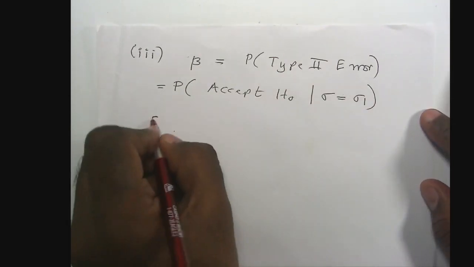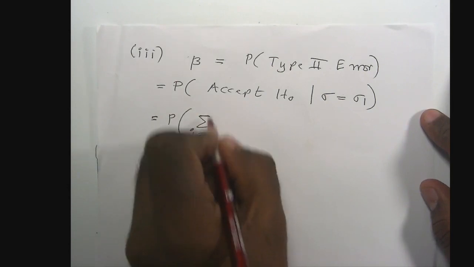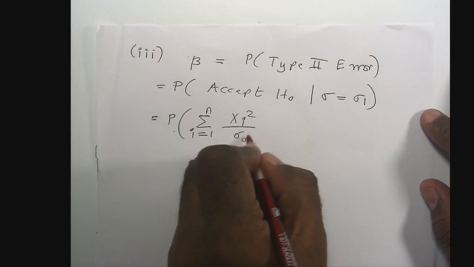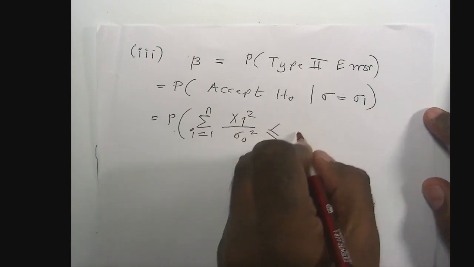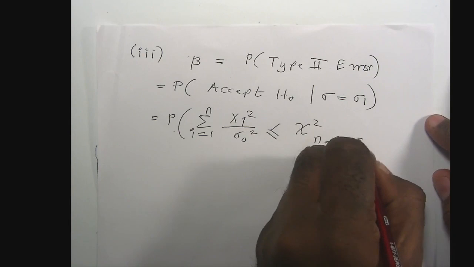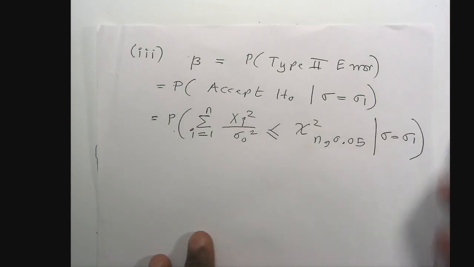So this is the probability that this is less than or equal to k, which is chi-squared n 0.05. Okay.